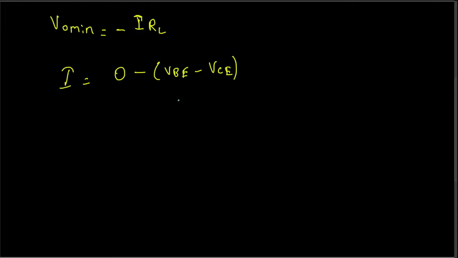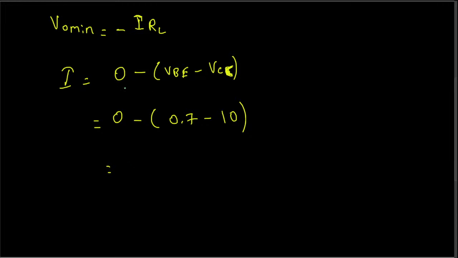If we calculate this, we have 0, and then negative VBE, 0.7, and then VCC is 10. This one is VCC, not VCE. VCC is 10, provided right here. Plug that in, so we get 0.7 minus 10, that's negative 9.3. Negative, negative makes it positive.